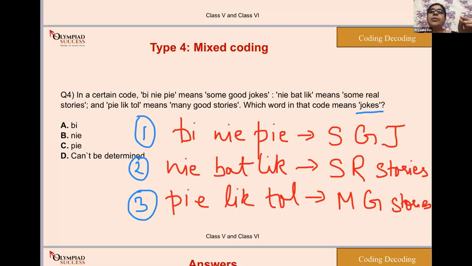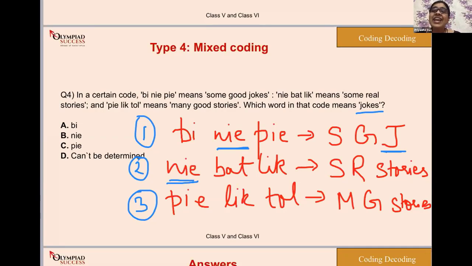In which statement number? Answer me one by one. Very good. One. Correct. Joke is present here, so it is in 1. So either the answer will be by, or the answer will be nai, or the answer will be pi. So we will check. Is nai matching with something in statement 1 and 2?